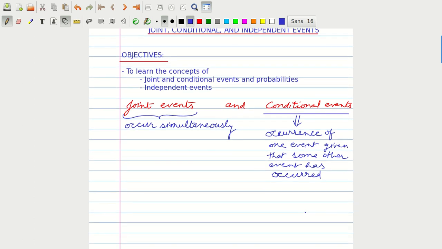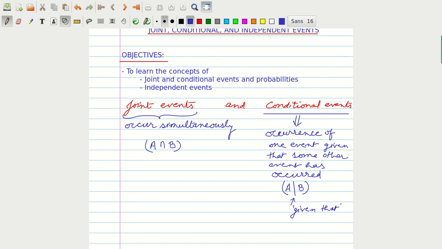Notationally, if A and B are joint events, they are written as A intersection B. That is, A intersection B denotes the joint events A and B, whereas if there is an event A which occurs when it is known that some other event B has already occurred, then the corresponding conditional events are written as A given B. This vertical bar denotes the condition and is read given that.